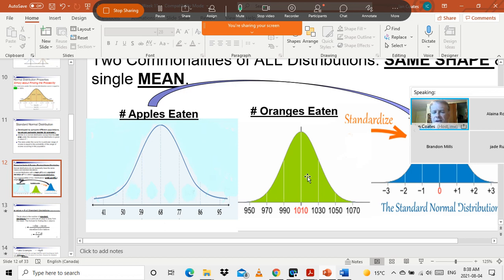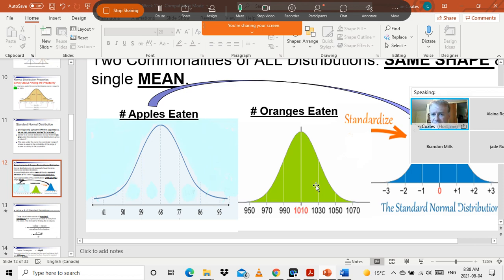And then over here we have the number of oranges eaten. Well, okay, looks the same. It's got a normal distribution here, but look at this mean. Whew, something's going on here, man. People are going crazy over oranges. All right, so the average amount of oranges eaten is 1,010.